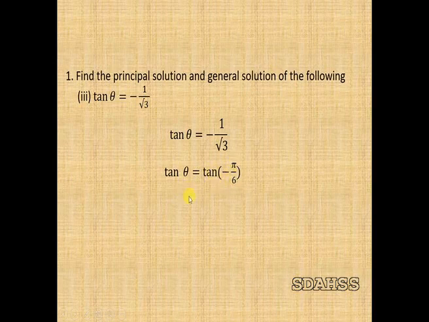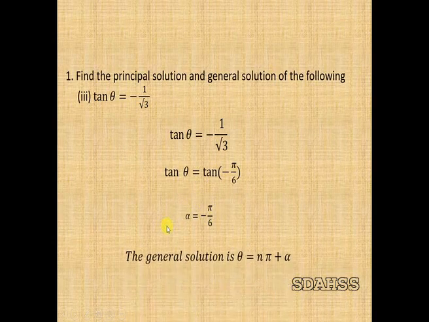So alpha is equal to minus pi by 6. So this is the principal solution. Next we want to find the general solution. Its formula is theta is equal to n pi plus alpha. Substitute alpha is equal to minus pi by 6. So this becomes theta is equal to n pi minus pi by 6, where n belongs to z.